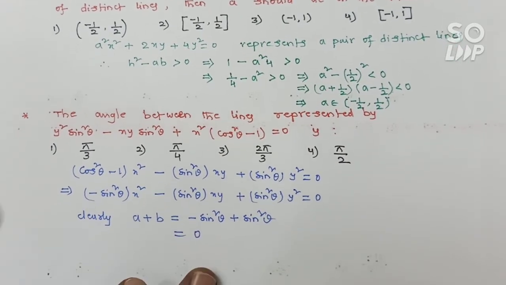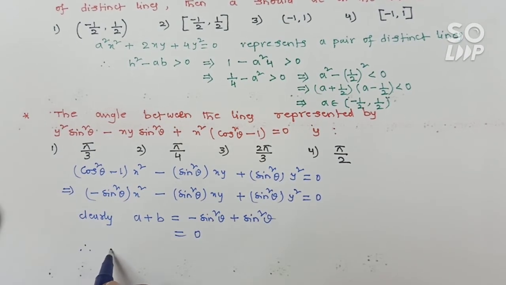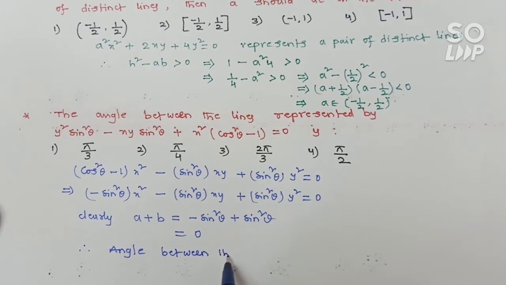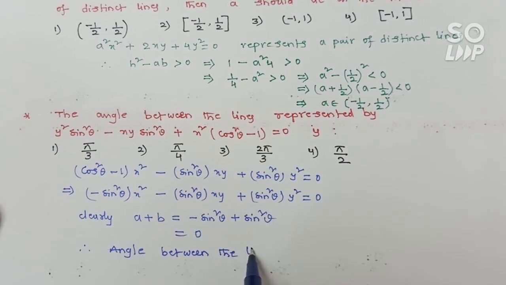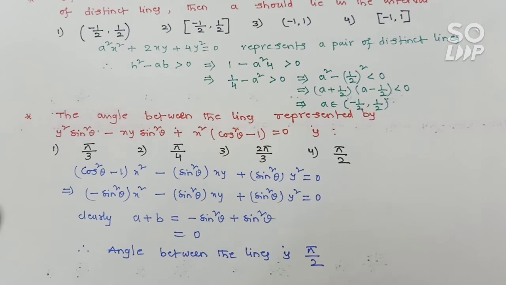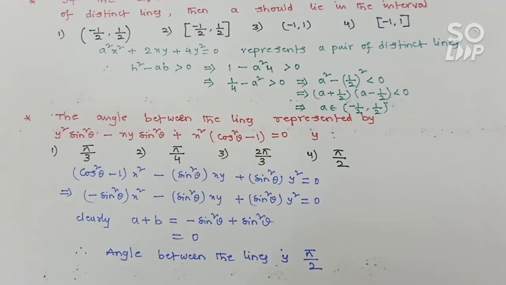Therefore the angle between the lines is pi by 2. So this is one of the conceptual questions, right? We will see the next, very most important concept.